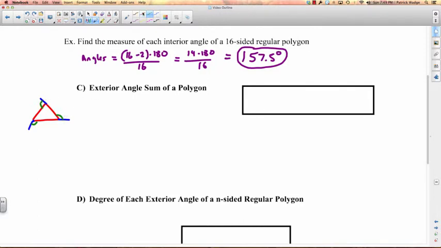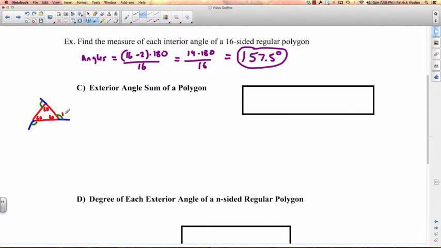So how much are those angles? Let's imagine that this is a regular triangle, an equilateral triangle. If so, we know the angles are 60, 60, and 60. So how much are these green angles here? That makes a straight line, so it has to be 60 plus some amount to get, how much is the angles in a straight line? 180. 60 plus what equals 180? 120.